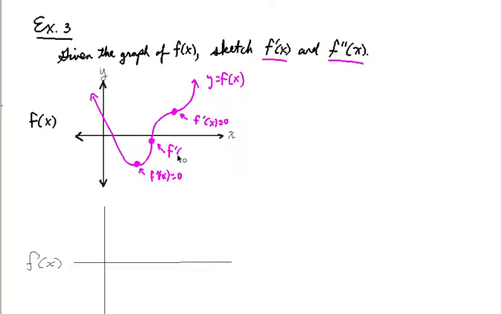Okay, so f prime of x is not 0, but we do know by looking at the curvature that f double prime of x is going to be 0. Okay, since we have a change in concavity, we can assume that there's a point of inflection here. Okay, so let's go ahead and graph this.